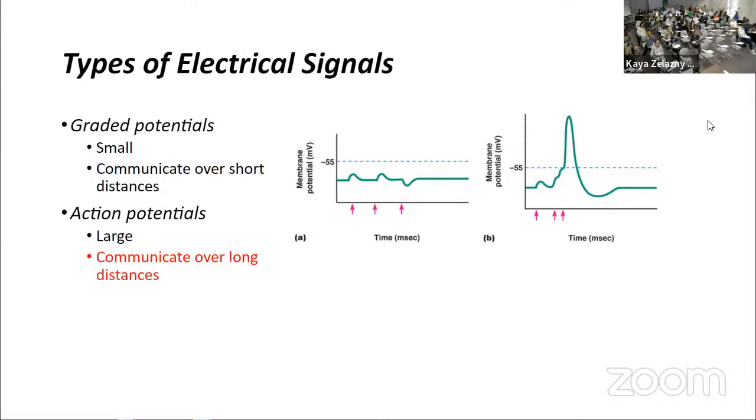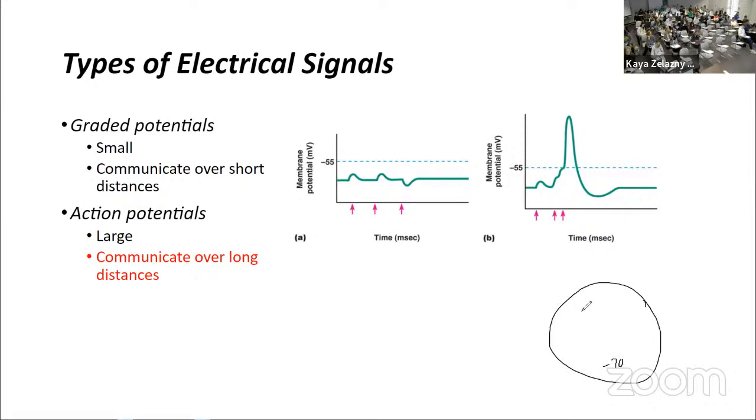So our graded potential is going to be a small change in our membrane potential, and it's often going to be really local. We're going to see that when I write that the cell is at -70, we can have small shifts to that, so say we can go to -60.